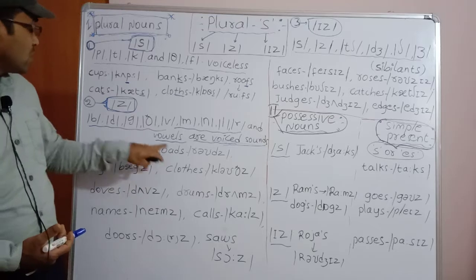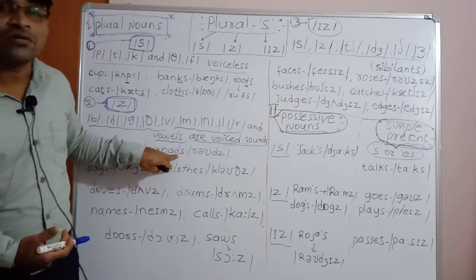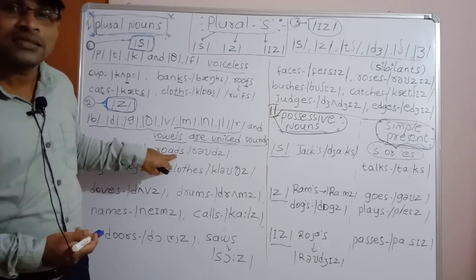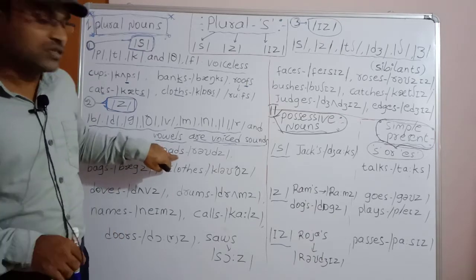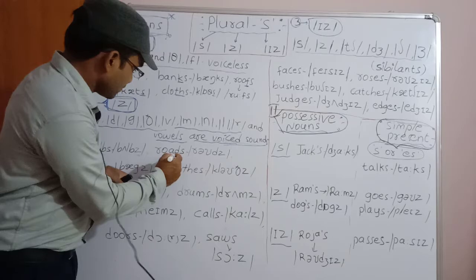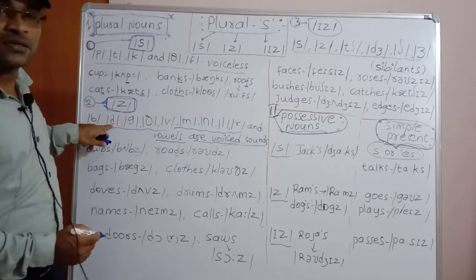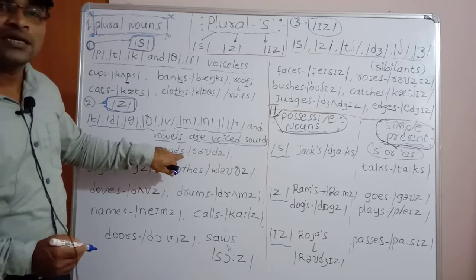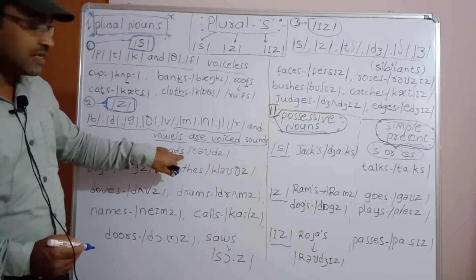Second one, road. Here the last sound of the noun is d, and the plural s is pronounced as z. Roads. Bag, g, sound is z. Bags. Cloth, th, sound is z.